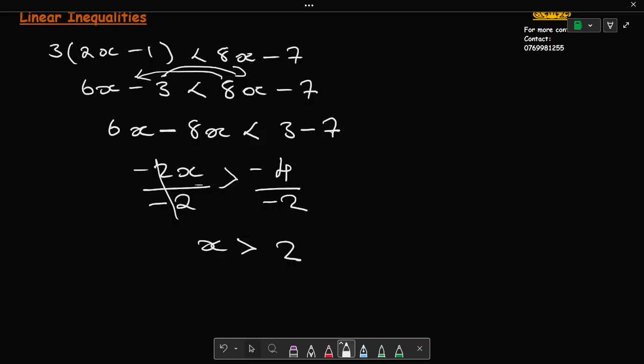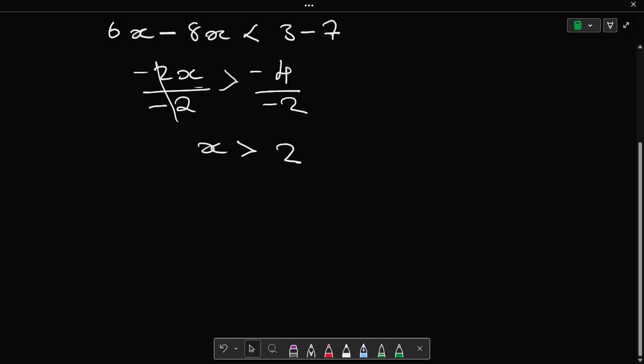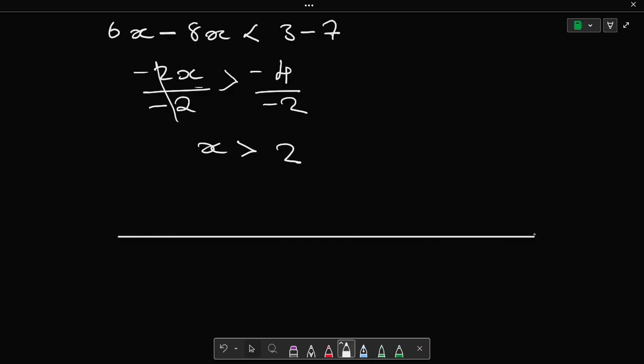Now how do we present it in interval notation? The first thing that we need to do is to write this solution on the number line. So we write a number line like this, and this represents all possible values of x.